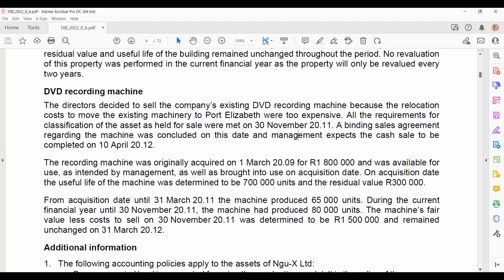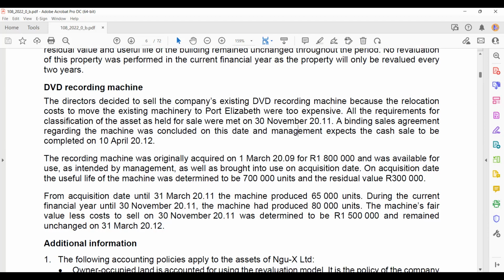From acquisition date until 31 March 2011, the machine produced 65,000 units. During the current financial year until 30 November 2011, the machine had produced 80,000 units. The machine's fair value less cost to sell on 30 November 2011 was determined to be 1.5 million and remained unchanged on 31 March 2012.